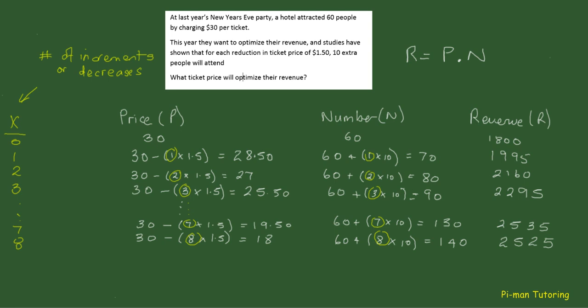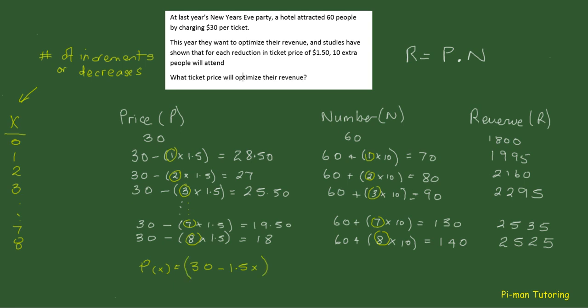And this allows us to make a formula that is a function of x for the revenue. So we can see that if we want a general expression for the price P, we can say that P as a function of x is simply 30 minus 1.5 lots of x.